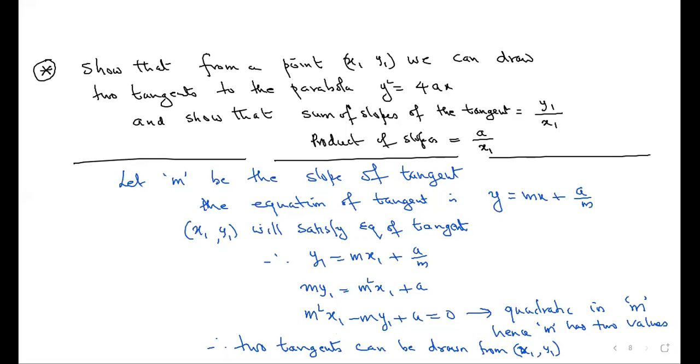So two tangents can be drawn from x1, y1. After you solve this quadratic equation, you can get the value of m. From the value of m, you can find the equation of tangent.